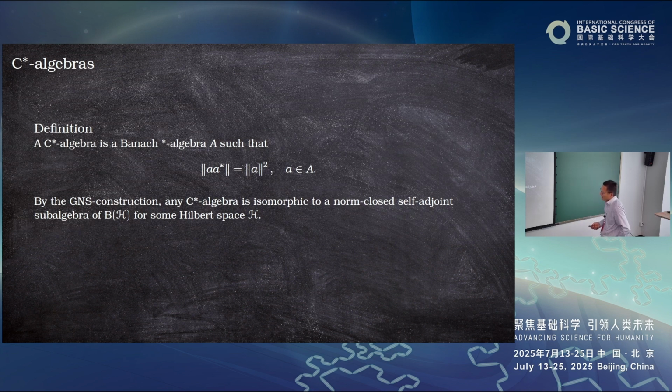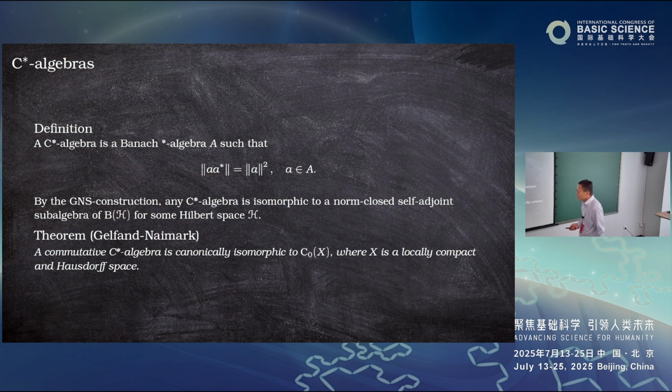A special class of C-star algebras is the category of commutative C-star algebras, where AB equals BA. If we look at a commutative C-star algebra, it turns out that it is canonically isomorphic to a function algebra, the algebra of complex-valued continuous functions on some locally compact Hausdorff space.